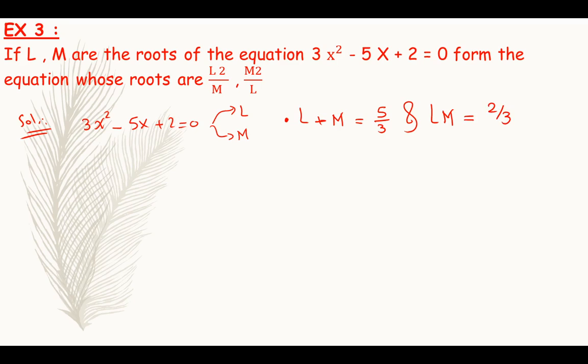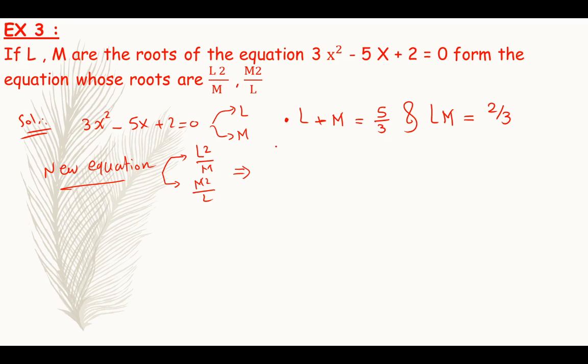The new equation has two roots. One of them is L power 2 over M, and the other one is M power 2 over L. We are going to find the sum of roots and product of roots.